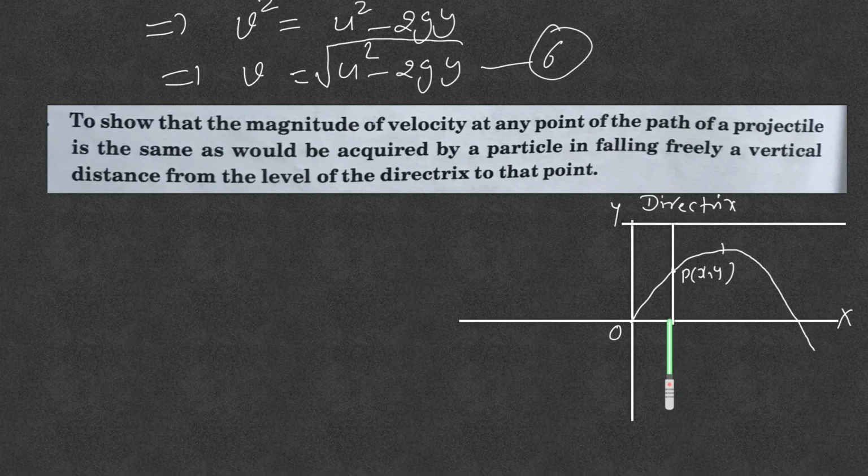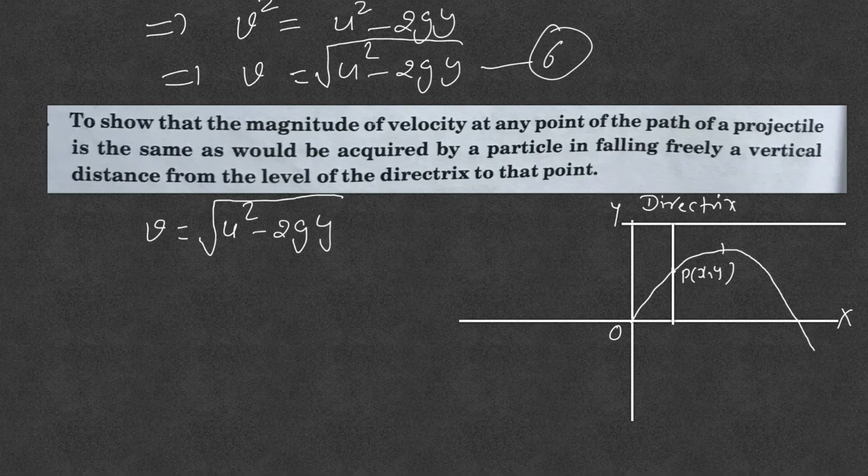Look here. This is P, any point on the trajectory of the projectile, and this is the directrix of the projectile. Now we see velocity at this particular point is given by equation number 6. So we can write the velocity at this point as this expression.